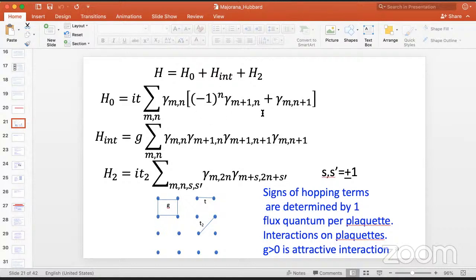I suspect much of the model would look the same, but there would be some differences, I'm sure, because of this (-1)^n. In particular, the fact that we get a two-component Dirac fermion as a result of having this sign alternation. It kind of cuts the Brillouin zone in half.